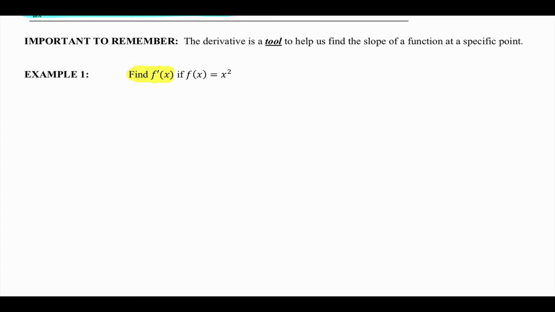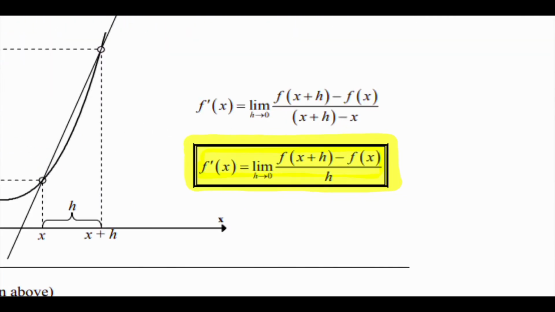Well, here we go. To find the derivative using the definition, we set it up using a limit. The limit as h approaches 0. That's the first part.